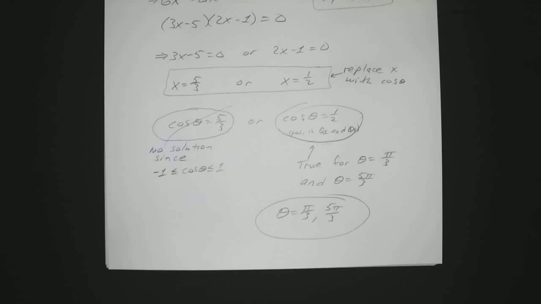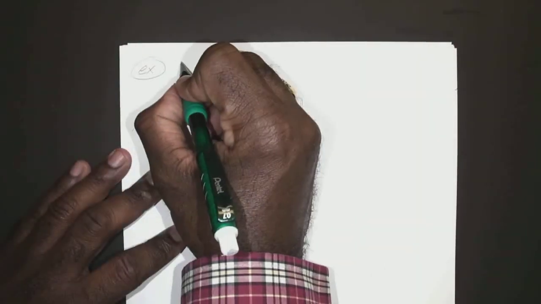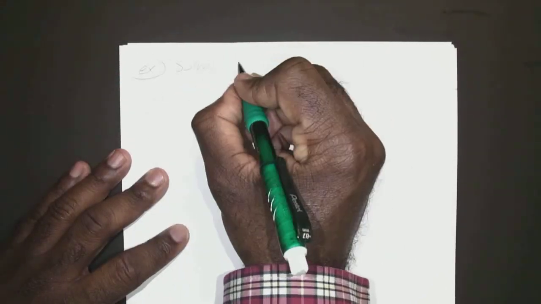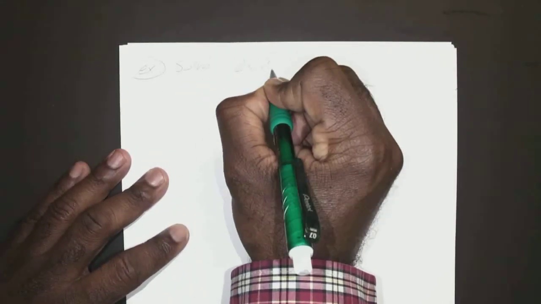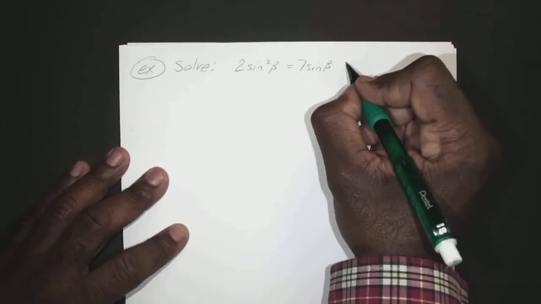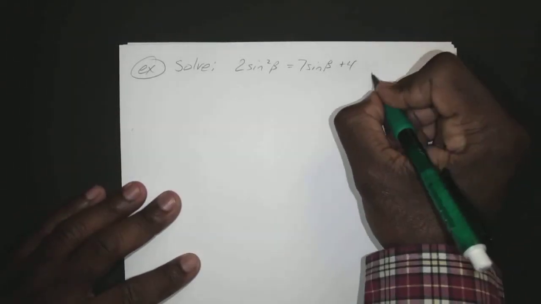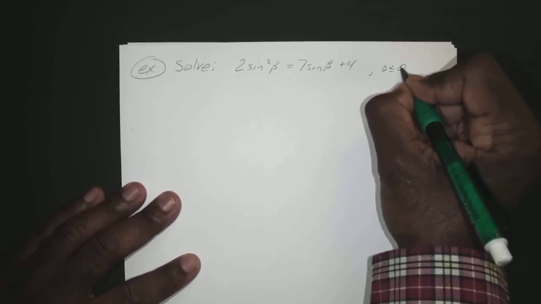All right, so for our next example, let's say if we wanted to solve 2 sine squared beta equals 7 sine of beta plus 4. And we know theta is between 0 and 2 pi.